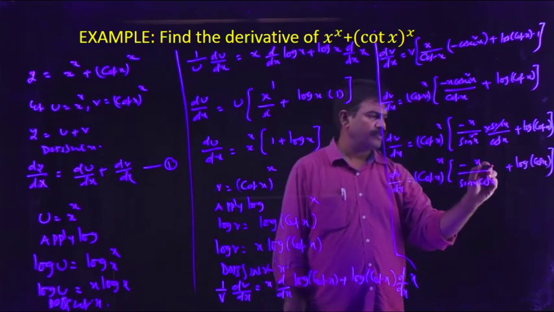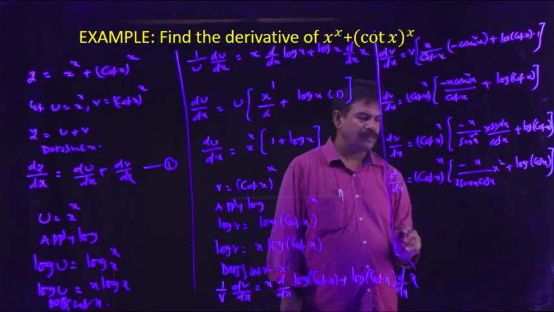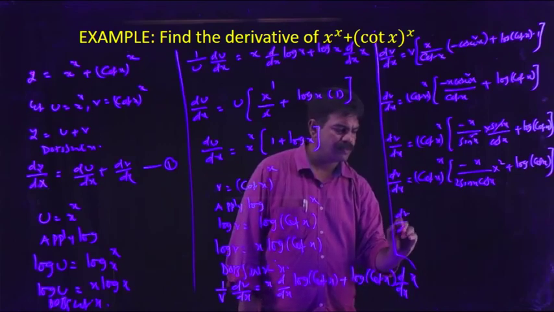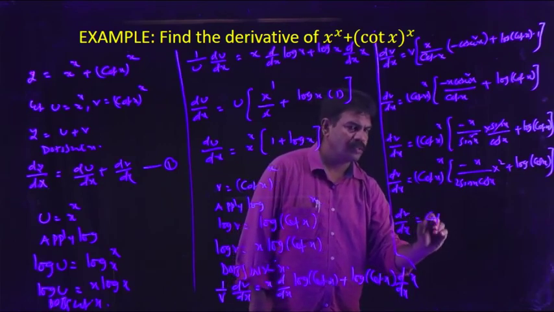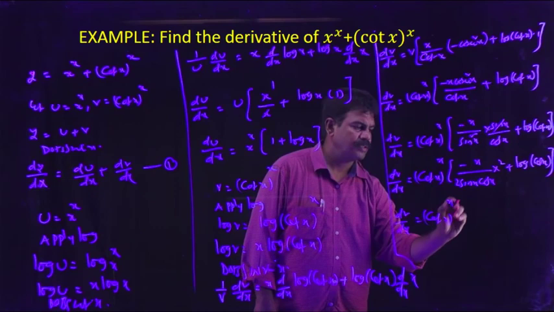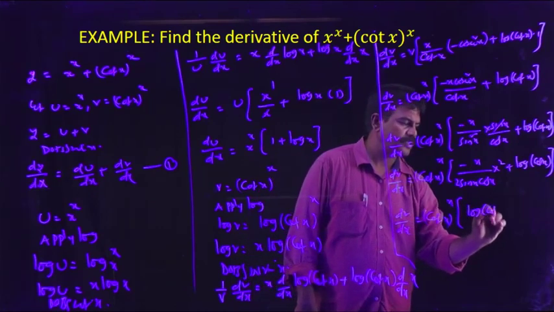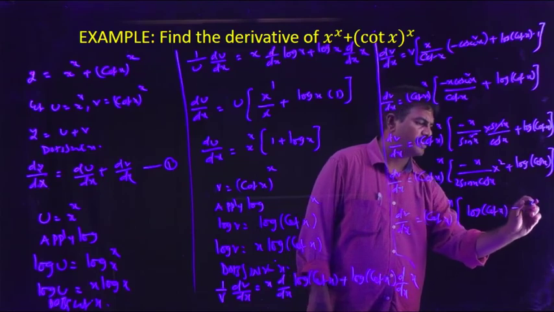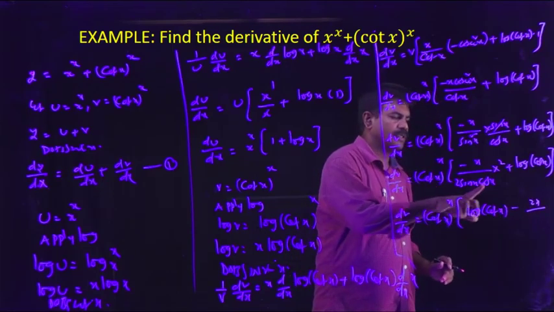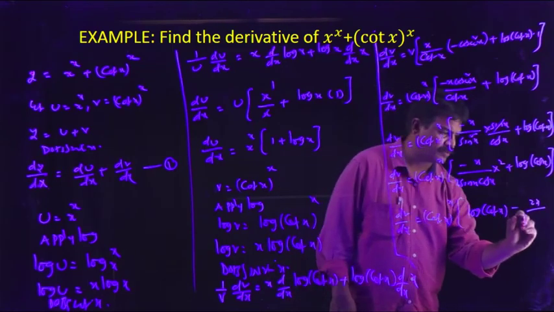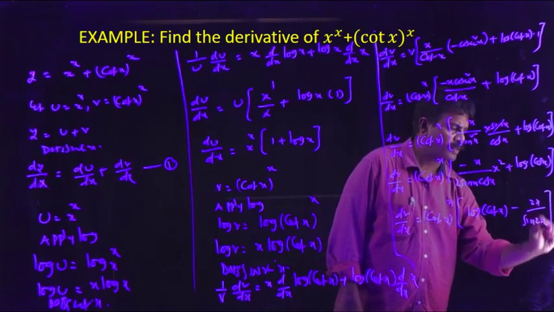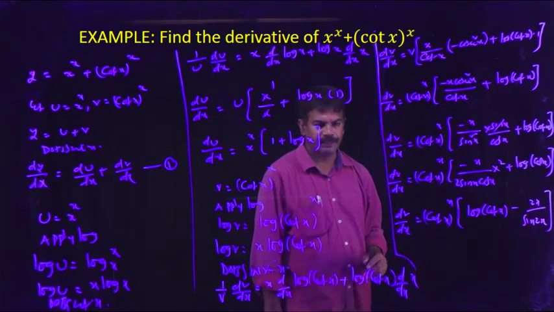Multiply and divide with 2. dv by dx is equal to cot x power x into log of cot x minus 2x by, it is 2 sin x cos x, we write it sin 2x. So this is dv by dx.